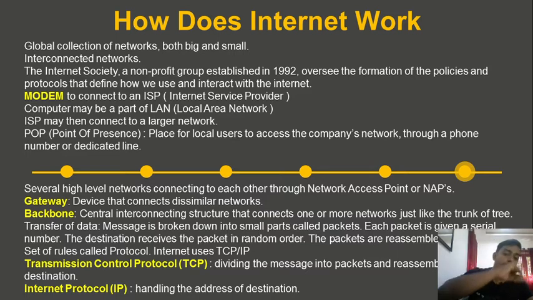But when you go outside of the school compound, you will be connected to some other network: your normal friends, your family. That's another dissimilar network, right? So gateway, gate, maybe our house gate or school gate, whatever it is. It acts as a point that connects two dissimilar networks.